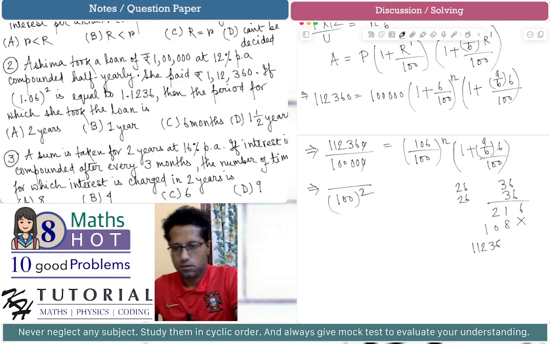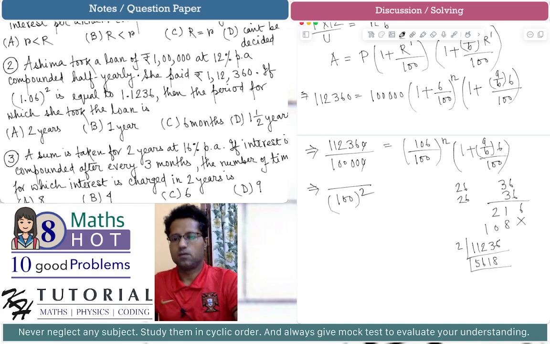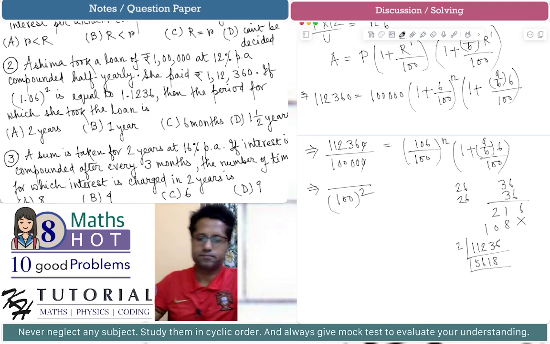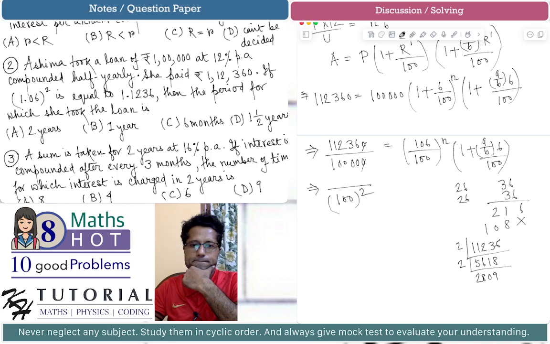No. So let's try with 2. 11236 divided by 2 is 5618, then again by 2 gives 2809, which is 29 squared.